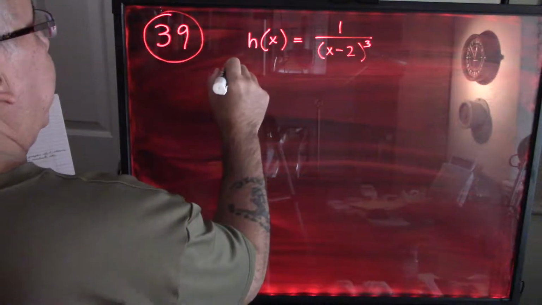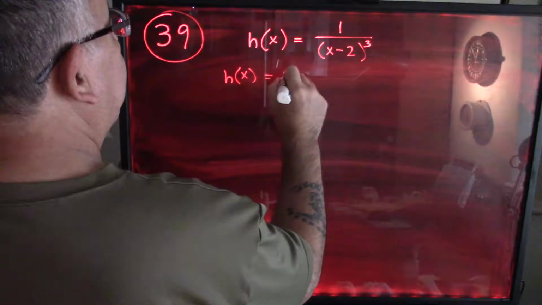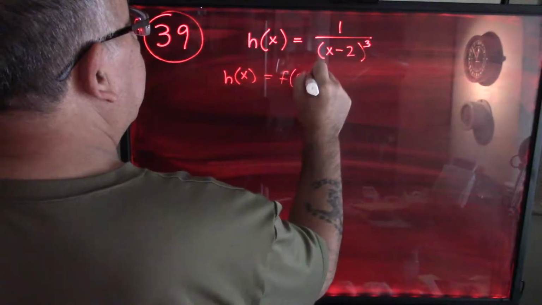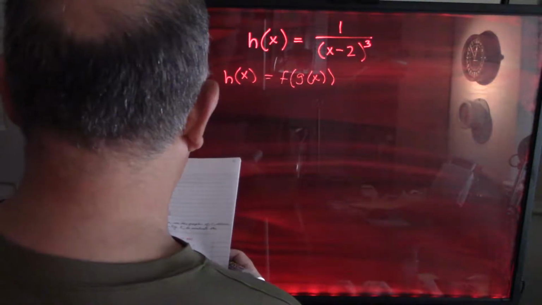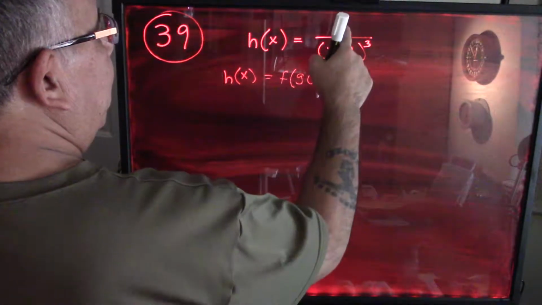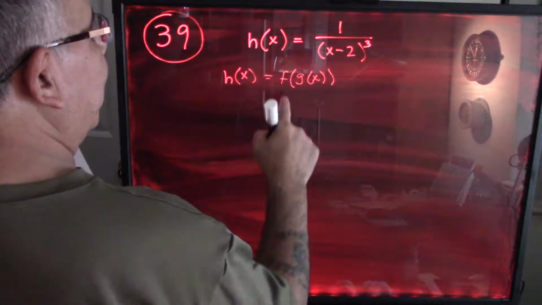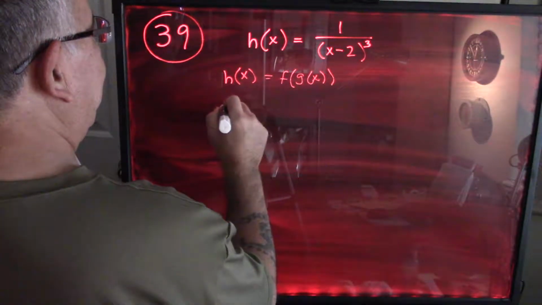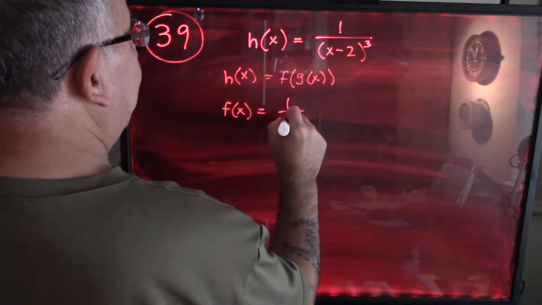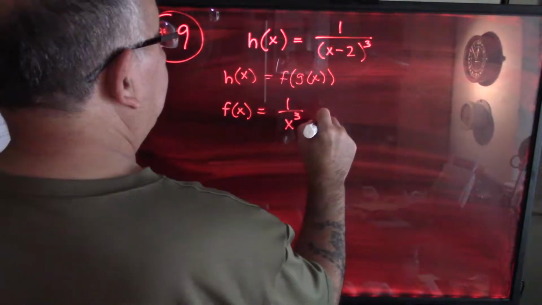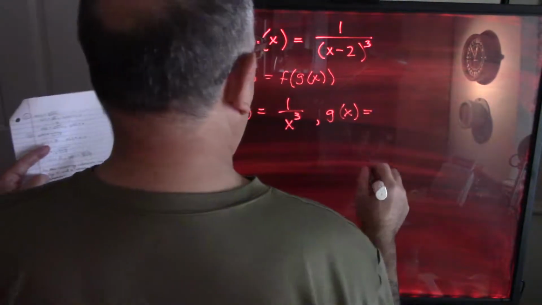So we want to write h as a composition f with g, and we supply f and g to make that work. Alright, so if you have 1 over something cubed, that something could be g of x, and f of x could be 1 over x cubed. So f of x is 1 over x cubed. G of x is x minus 2.